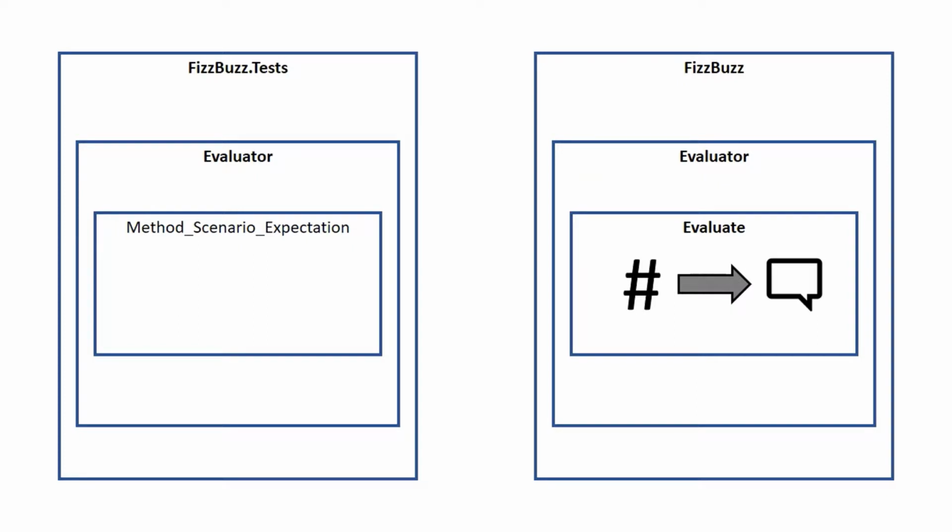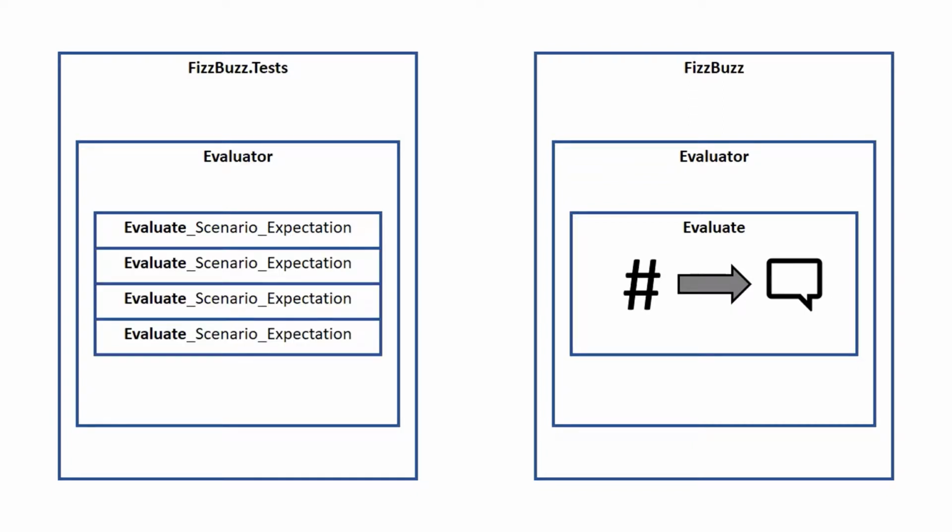Within that class, I will use the naming convention of method under test, the situation or scenario being tested, and the expected result. So in this case, I know that I'm using the evaluate method in production, so all of my unit tests will begin with evaluate. Of course, there won't be just one for the evaluate method. There will be several.